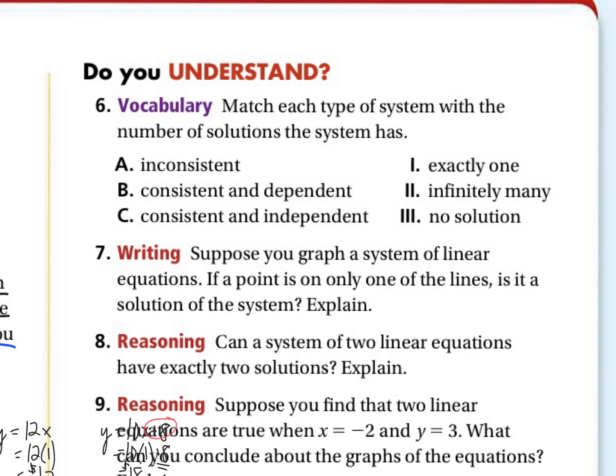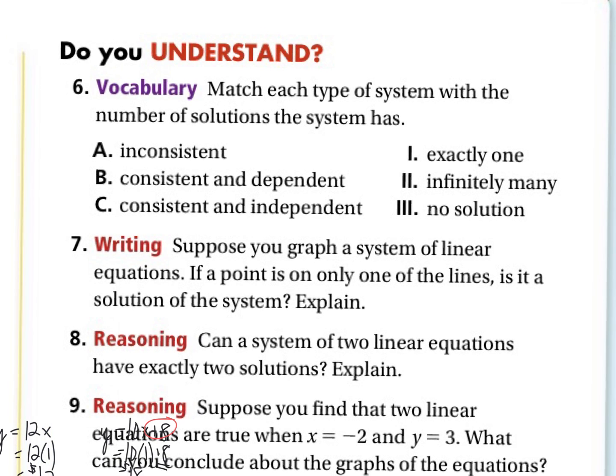If you look at number 6, they want us to match the type of system with the number of solutions it has. So for 6, part A is inconsistent, and that would be no solution. If we have no solution, it's inconsistent.